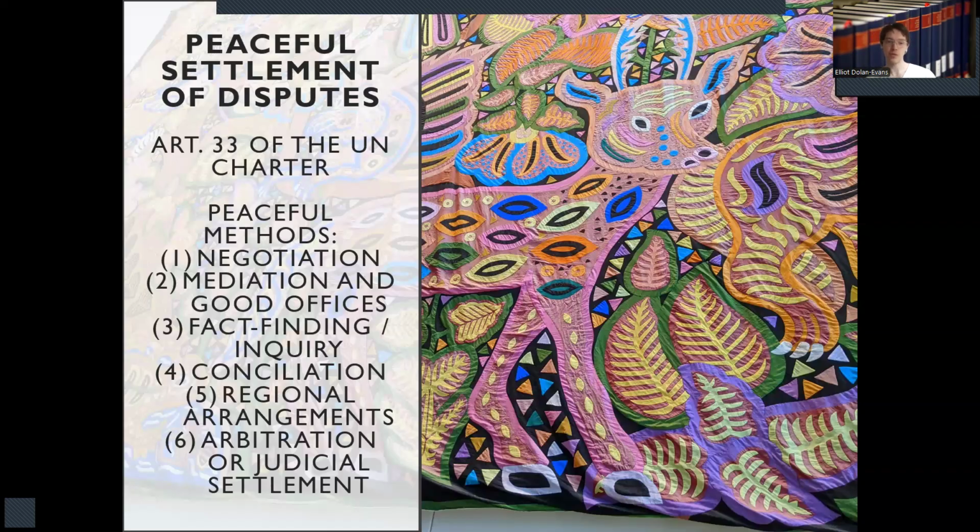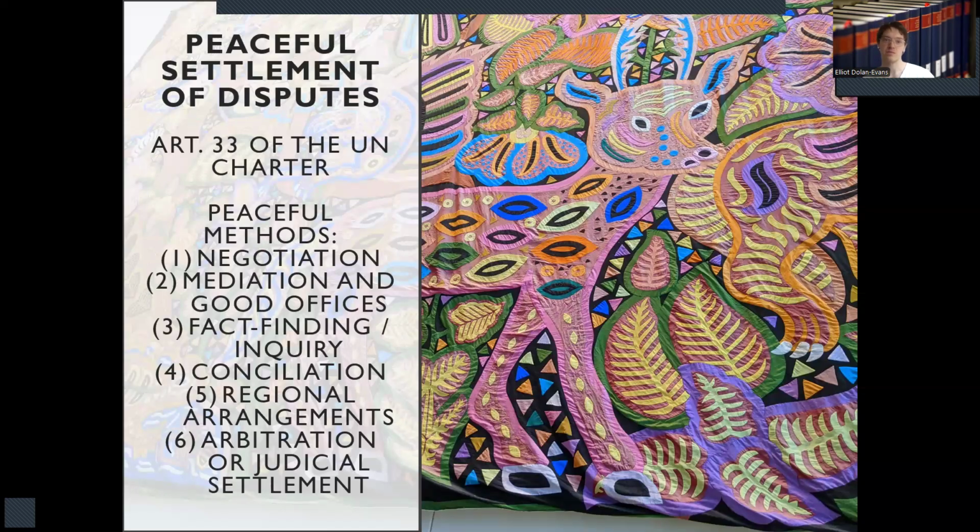So the first one on the screen here is negotiation. And negotiation also includes other descriptions of this process, such as consultation and exchange of views. And this is the primary means by which most disputes between states are settled.